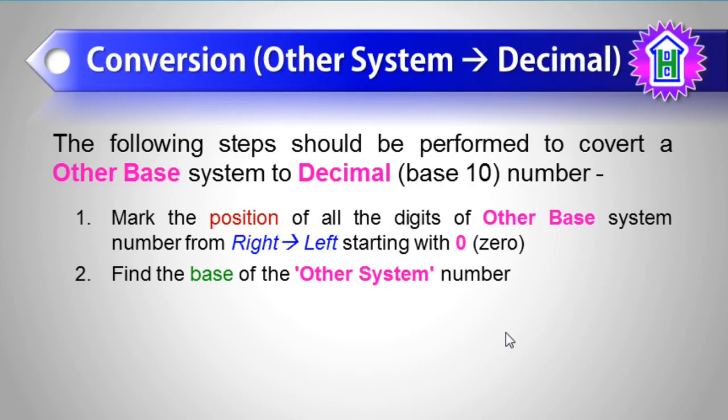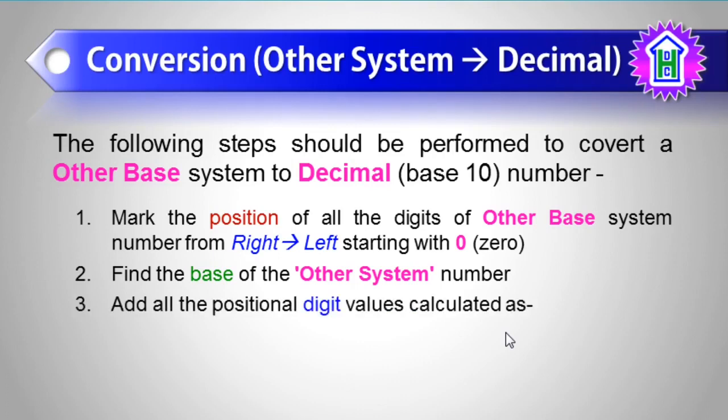If we are converting from binary to decimal, the base of the other system will be 2. For binary, the base will be 2, octal base will be 8, and hexadecimal, the base will be 16.